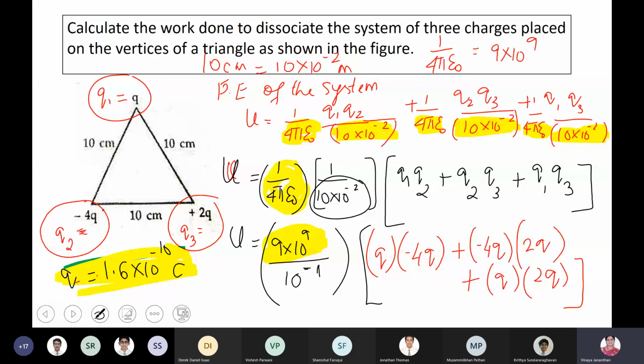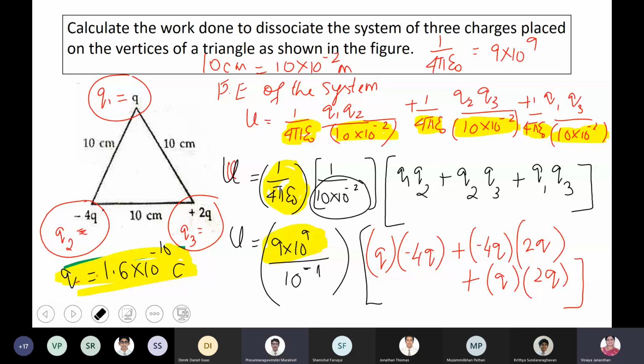So you calculate. Let me see what's the answer. What's the value? Ma'am, can I tell? Minus 2.304 into 10 raised to minus 8.